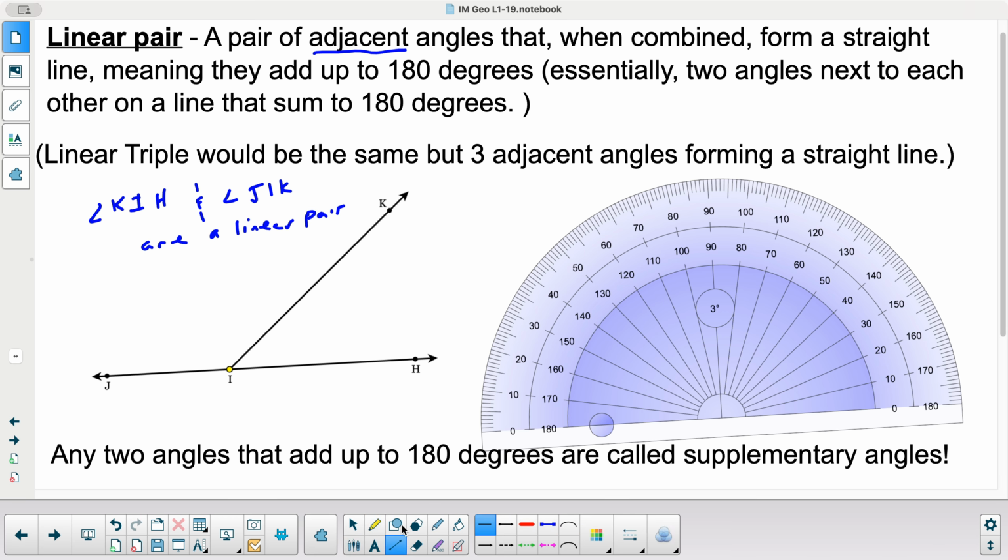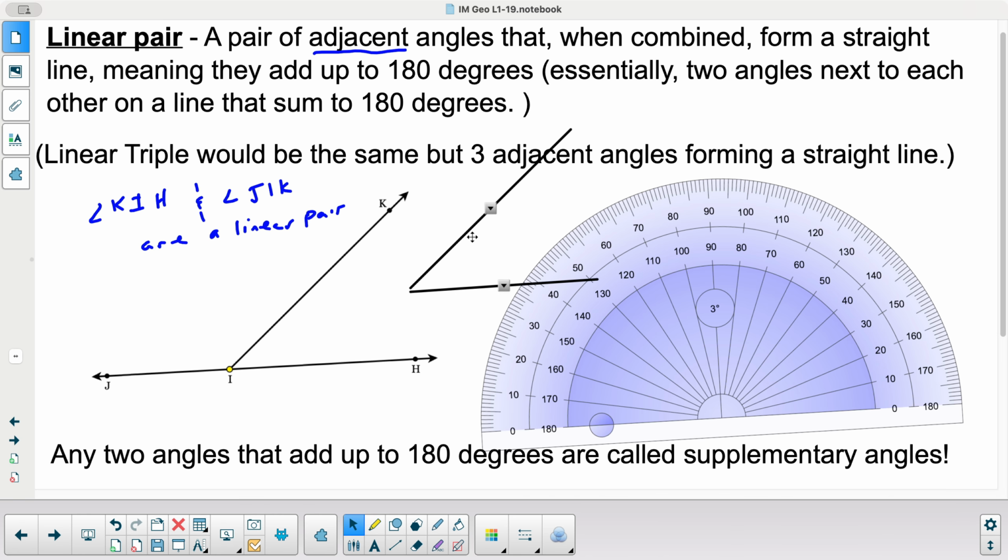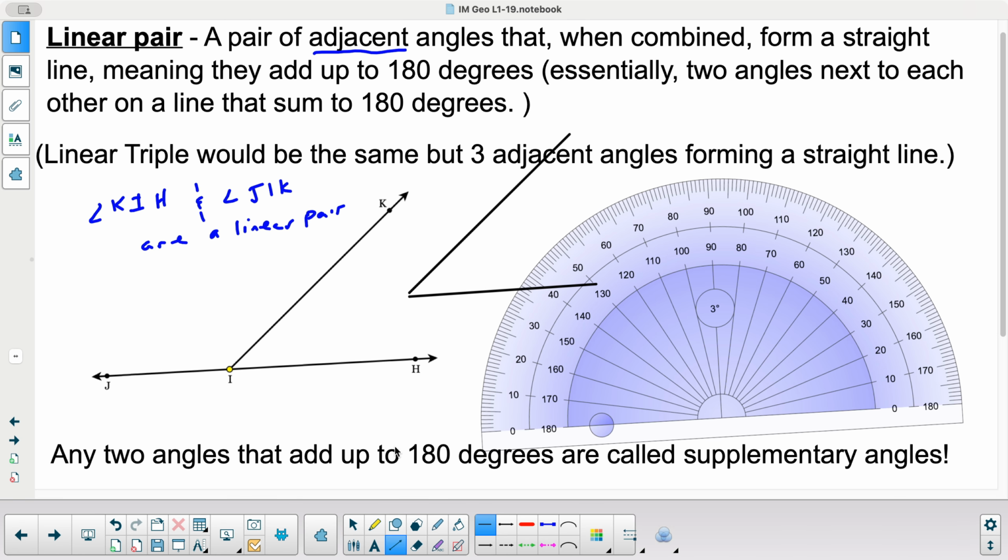Say I got this angle here, and I move it over here, and I take this angle and move that somewhere else.